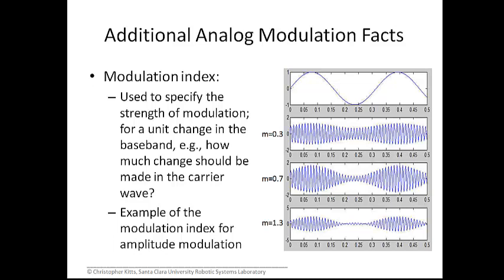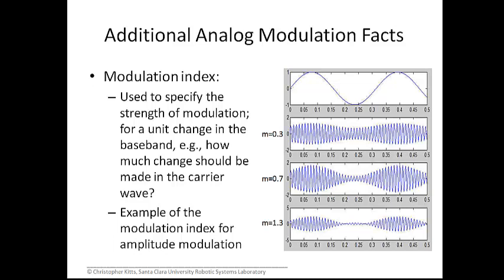Another interesting aspect of modulation is something known as the modulation index. So the idea of modulation, again, is to change the characteristic of the carrier wave based on the content of the baseband wave. But we haven't really said how much of a change we should have in the carrier wave. And you can imagine being more or less aggressive with how much you're changing that wave.